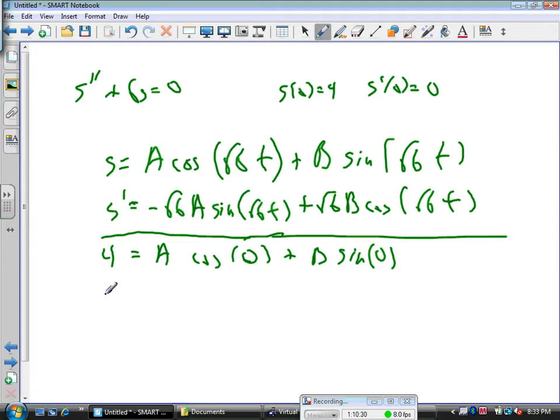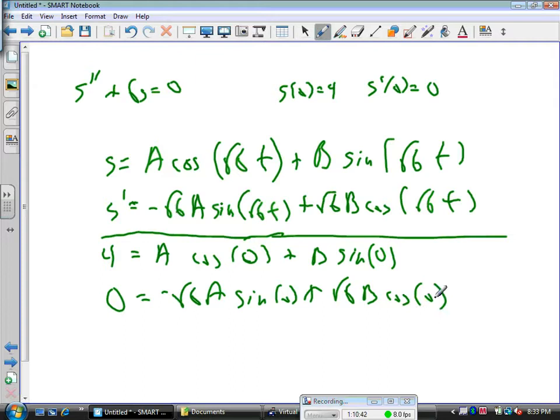And then for S prime, 0 equals negative rad 6A sine 0 plus rad 6B cosine 0. This is starting to get boring because all the T's are zeros and all the S primes are zeros, so all the B's are zeros. Is B 0 again? And A is 4. Okay.